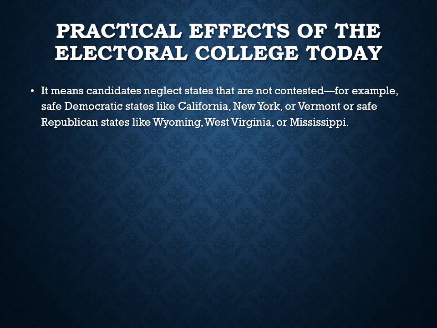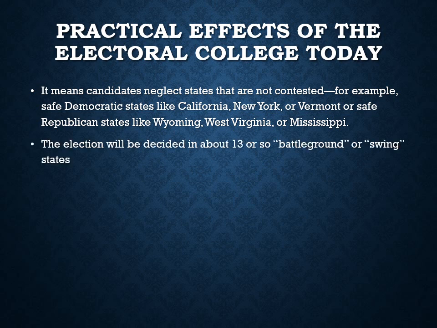And that means that a relatively small number of states is where the presidency will be decided. There are about 13 of them. You could add one or shave one off, but this is about the list. They're known as battleground states or swing states.